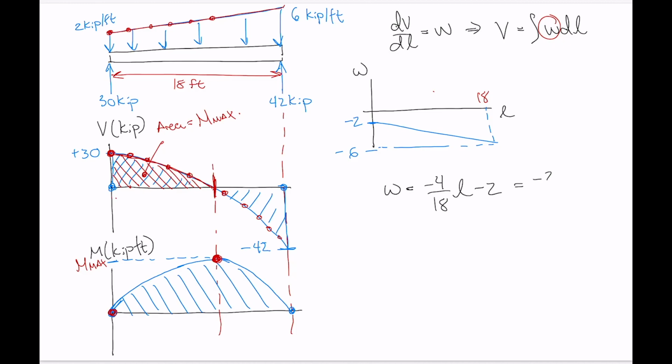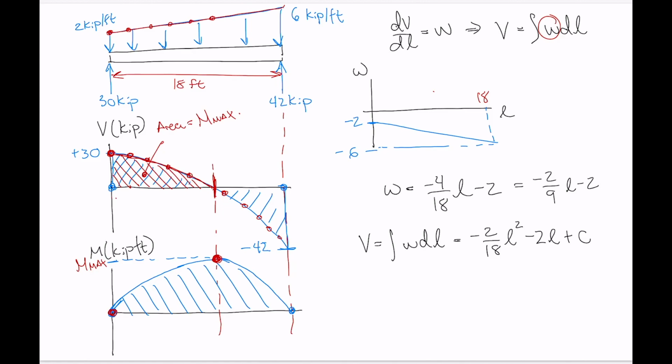So there we go, -2/9 L - 2 is our equation for W. So we can integrate that. V is the integral of W dL, which gives us -2 over 18 L squared minus 2L plus C, our constant of integration. Okay.